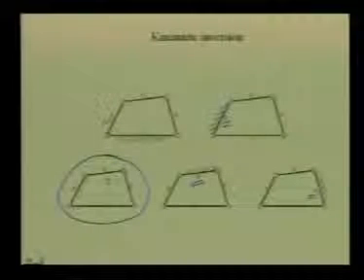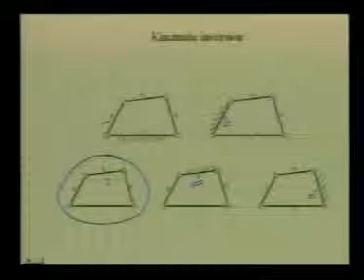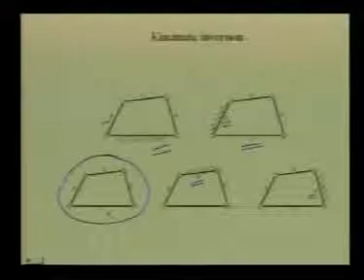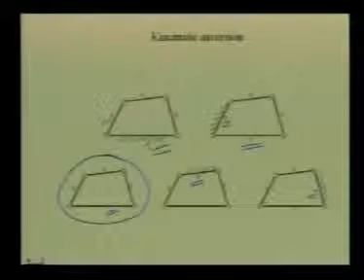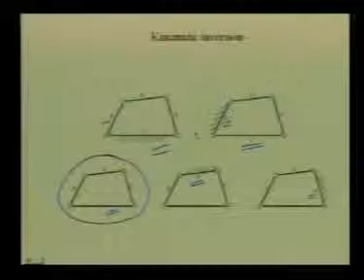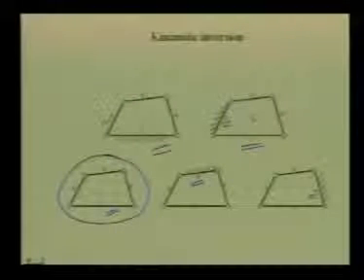Let me now explain what we mean when we say that the relative motion is independent of the kinematic inversion. As both of these mechanisms were obtained from the same kinematic chain by a process of kinematic inversions, the relative motions between various links of these two mechanisms will be the same.